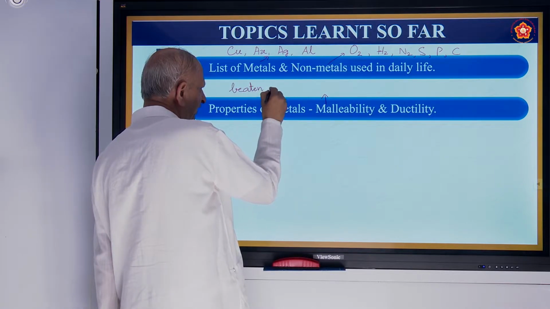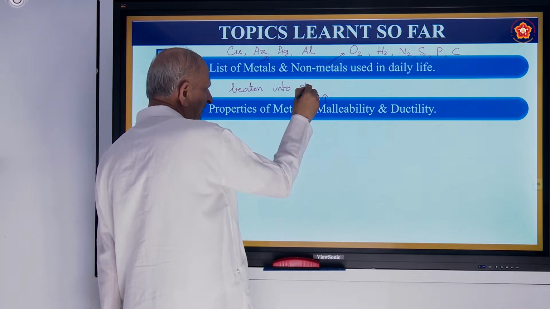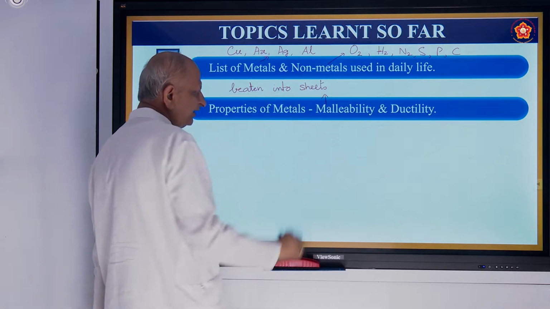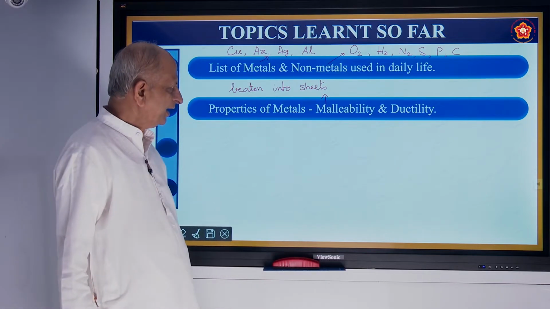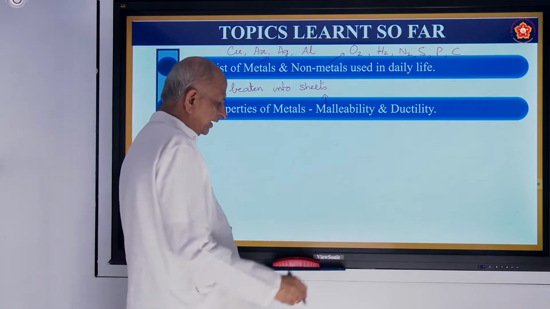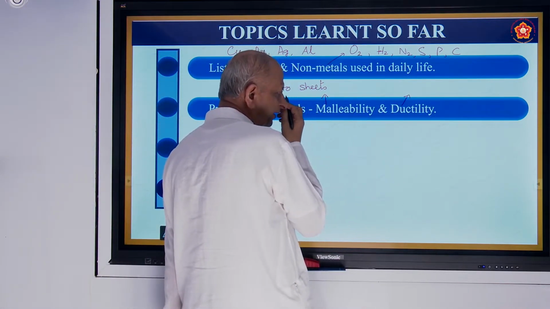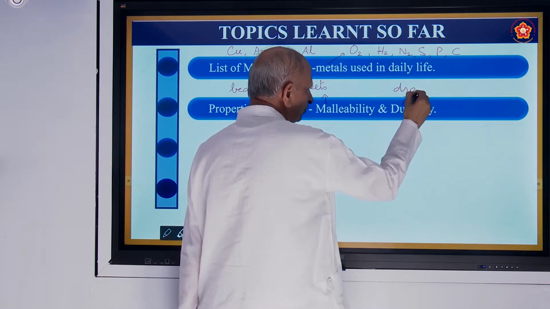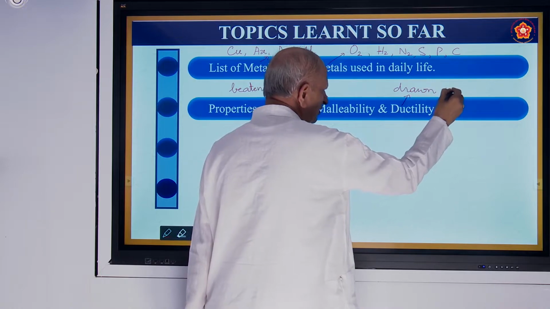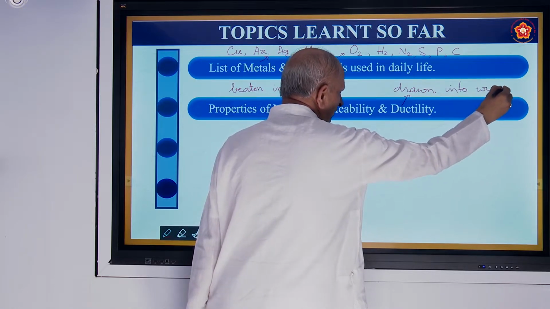The property of melting the metals and beating into sheets is called malleability. And also ductility is a property of metals. When they are heated, they are drawn into wires. That property is called ductility.